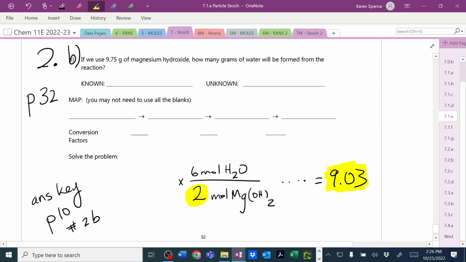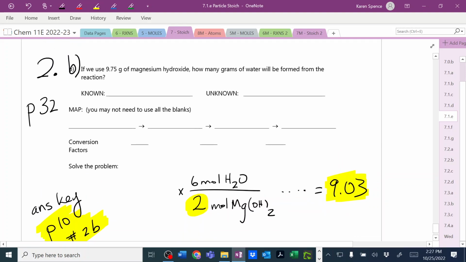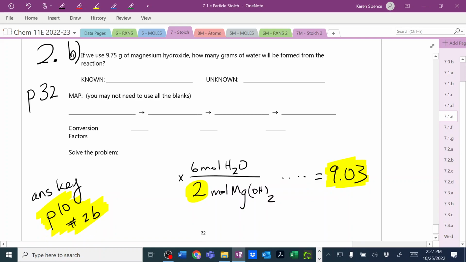So folks, there's a problem on the answer key on page 10, number 2B. Is that number 3? No, it's number 2. A 6-to-3 ratio. Oh my God, then I'm even wronger. Hang on. So this number won't be right.